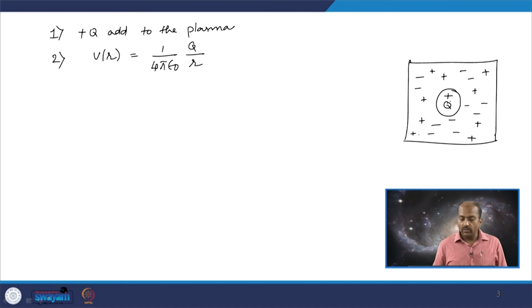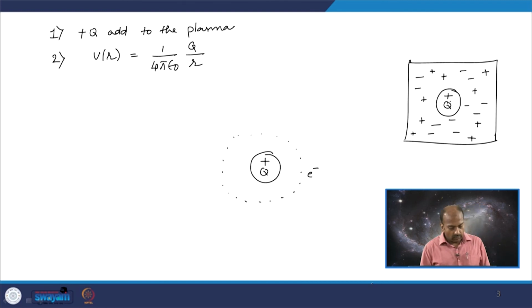So, this is plus q, and the charges of opposite polarity, these are electrons, will form a cloud in the vicinity of this test charge, which tends to neutralize the test charge in some way. In totality, the total positive charge and the total negative charge will be such that it is neutral. The total charge is 0 in this picture.